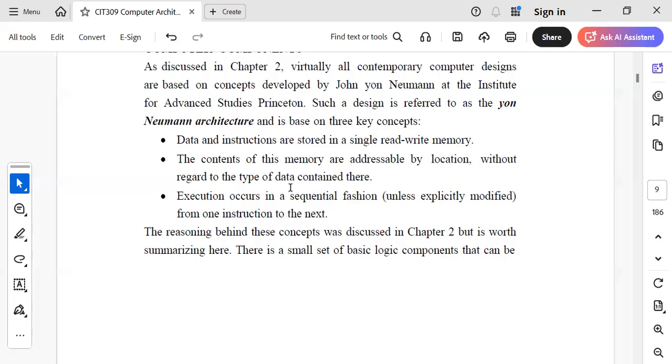I can use the location to trace the memory, even without knowing the content or the type of data, whether it is audio, image, or video. Now, execution occurs in a sequential fashion unless explicitly modified, from one instruction to the next.